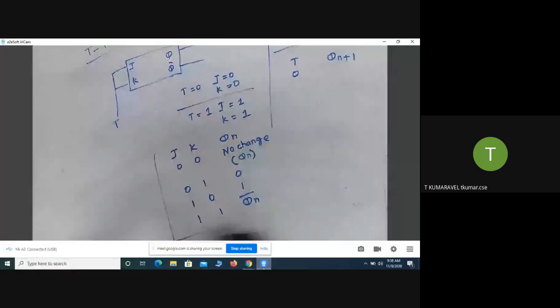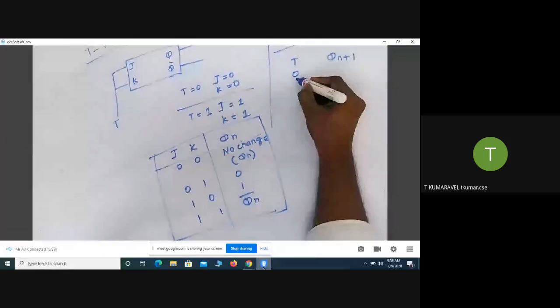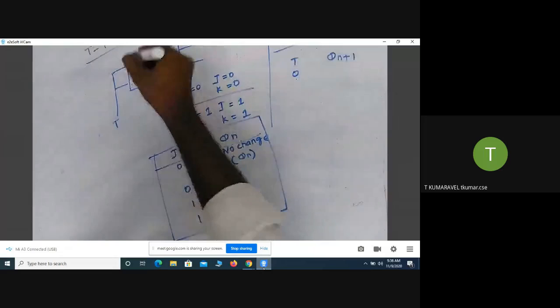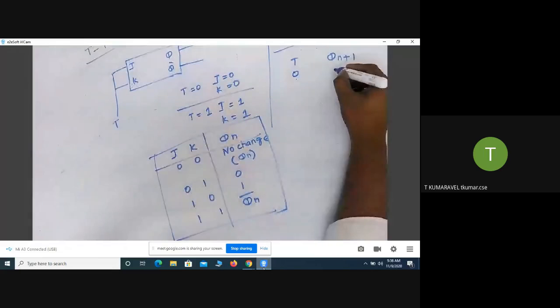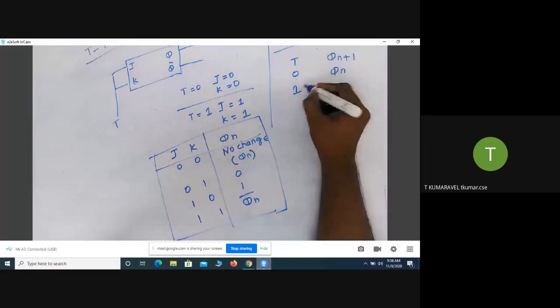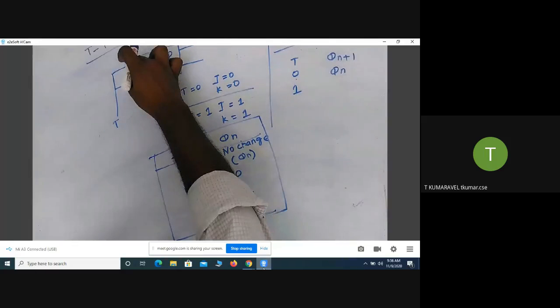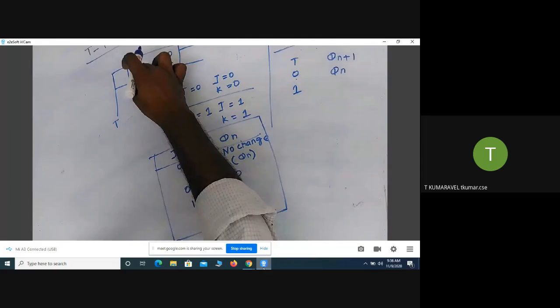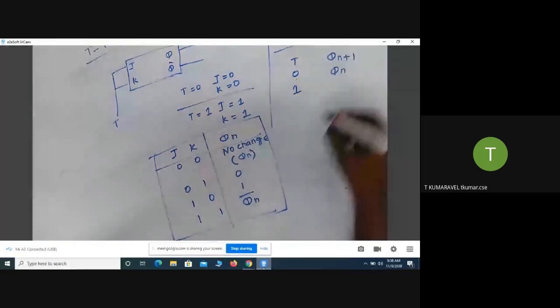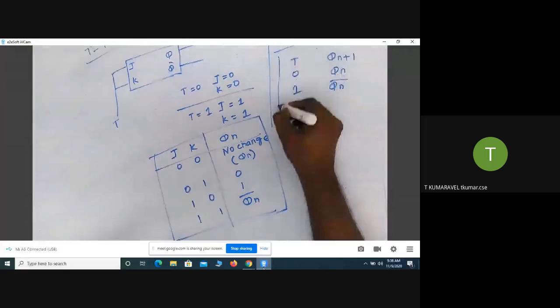T value equal to 0 means J equal to 0, K equal to 0. What is the behavior? No change, so it will retain the previous state. The next one, T equal to 1, means J equal to 1, K equal to 1. What is the behavior? The complement. This is the truth table for the T flip-flop.